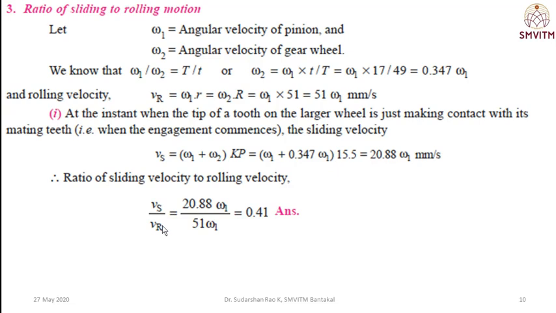The rolling velocity is constant for both pinion and gear at any point throughout the motion: 51 omega 1. Therefore the ratio Vs by Vr equals 0.41, the ratio of the sliding velocity to the rolling velocity at the beginning of the contact.